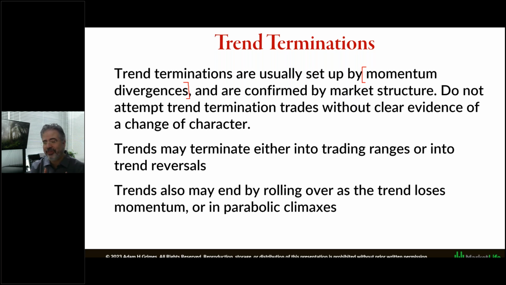But I don't think that's particularly useful when you go to actually set up trades, because momentum divergences, the joke is that it calls 20 out of the last 5 reversals.